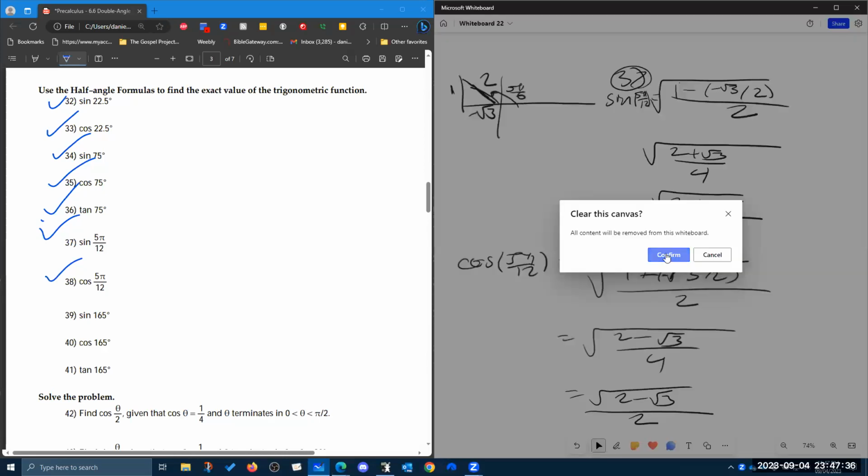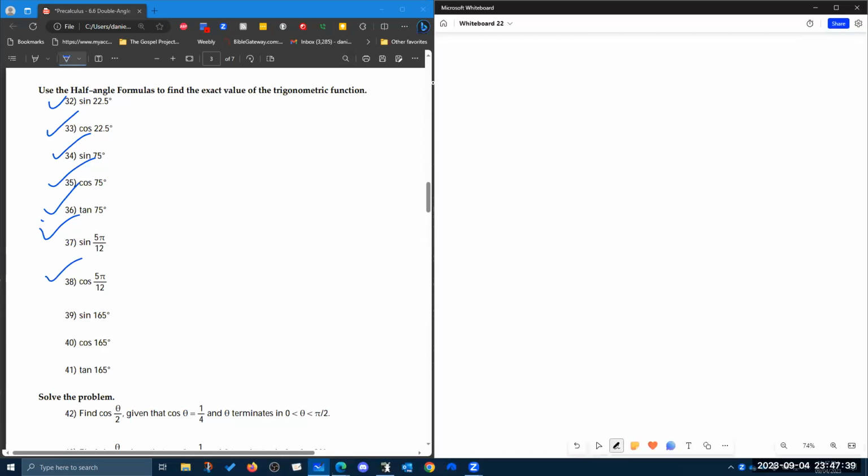We're going to have a sine, cosine, and tangent of 165 degrees here. I'm going to try and give myself some space. So 165 is half of 330. So our theta that we're looking at here has a 30-degree reference angle. 165 is over here in quadrant 2, so the sine value is going to be positive.